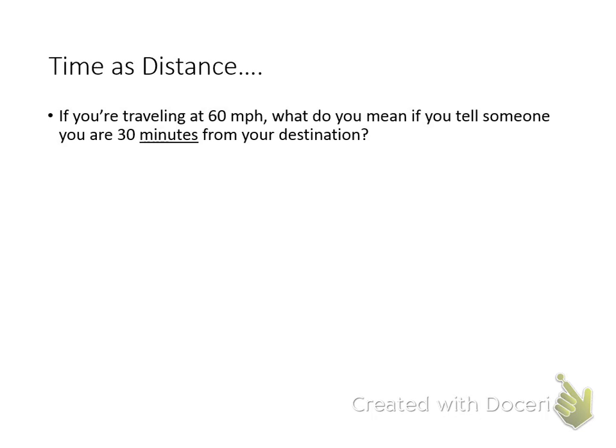And let's say somebody says that event is 30 minutes away. Well, it's 1 mile a minute, so it's really 30 miles away, right? So you have used time as a distance.